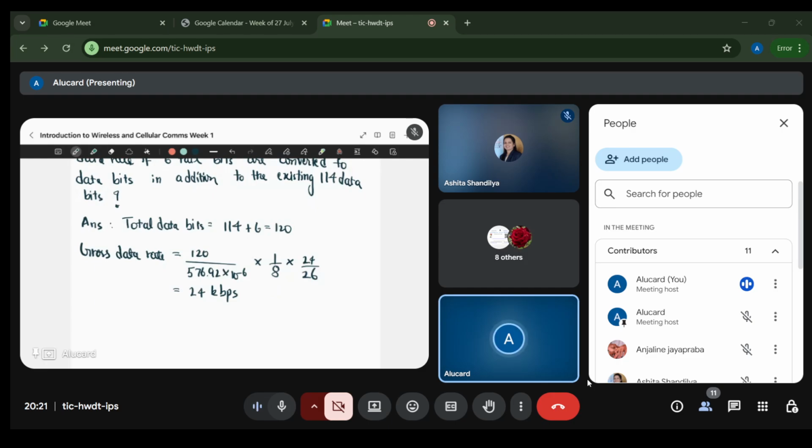If you have options, you can just do a rough calculation. This is about 600, 10 to the power of 6. The options are all in kilobits here. They didn't give you the options, but in your assignment you will have options. Do 24, you can write this approximately 25.